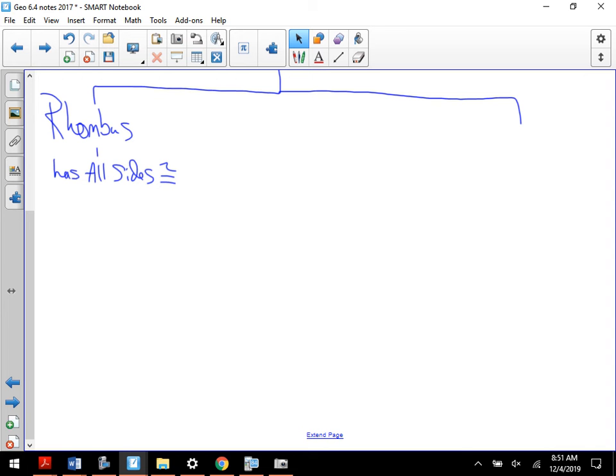But the other more specific parts are that the diagonals are perpendicular to each other, and the diagonals bisect what we call the base angles.